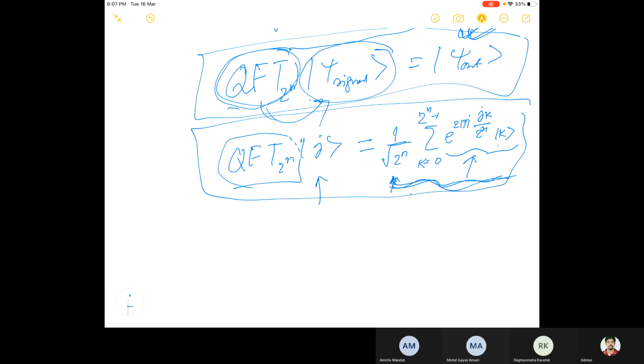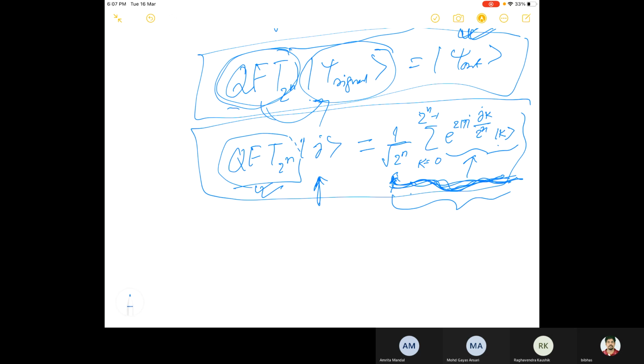But I want to know what this state is. In fact, when I want to create a circuit, how do I realize this? Because the circuit should give this as the output corresponding to the input, which is a fundamental basis element. So I need to know what this is. I need to do some calculation to understand the computational meaning of this qubit state on the right hand side.